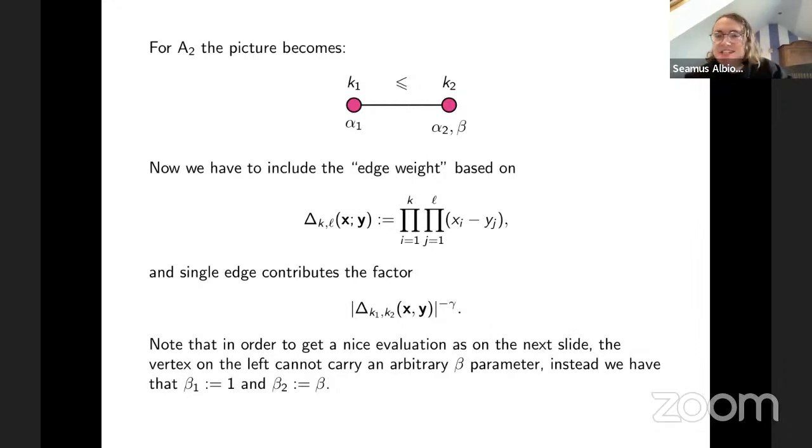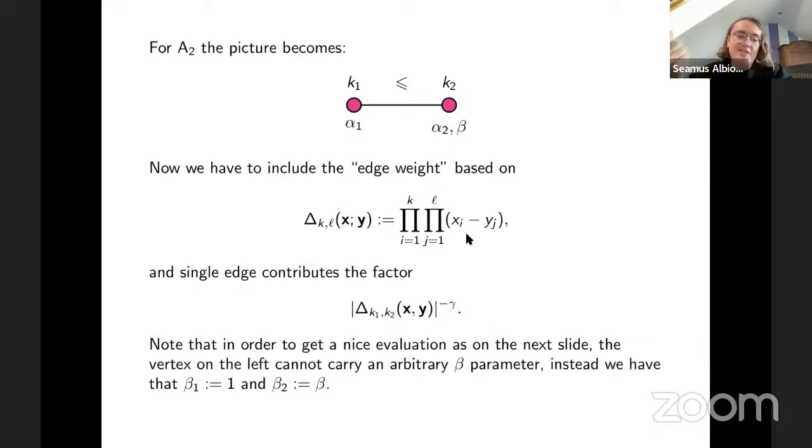Why? Well, because in the Dynkin diagram, there's an edge between the vertices. So that's not a very good reason at this stage, but there's more of a reason. So how they are paired precisely is through what I'm calling an edge weight, or this kind of edge Vandermonde product, which depends now on two independent sets of variables, and it pairs them like so.